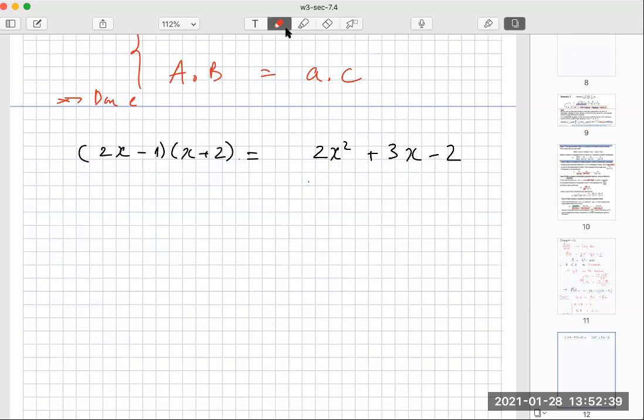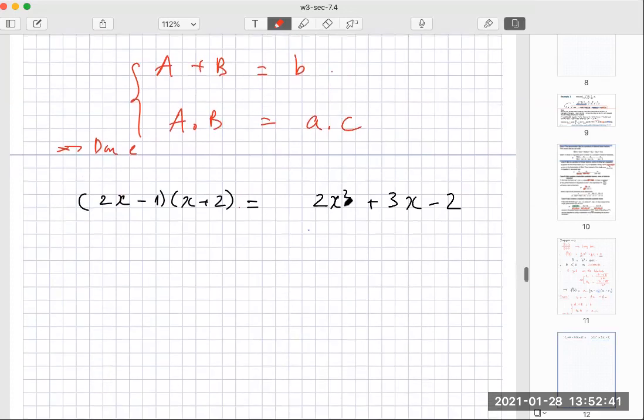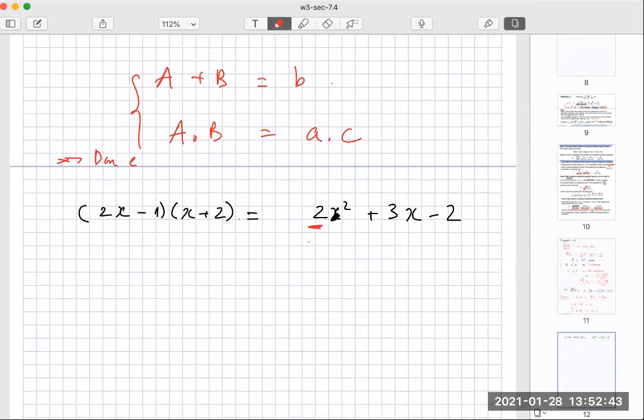So look at this. According to the trick here, a of this quadratic function is 2. C is -2, right? So 2 times -2 will be, what is it? -4, right? -4 is 4 times, what is it? -1.